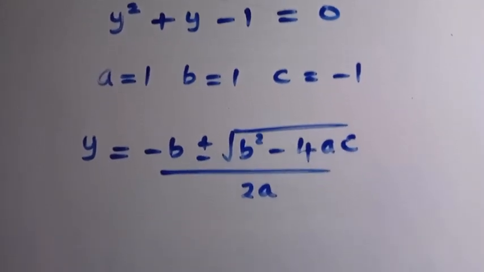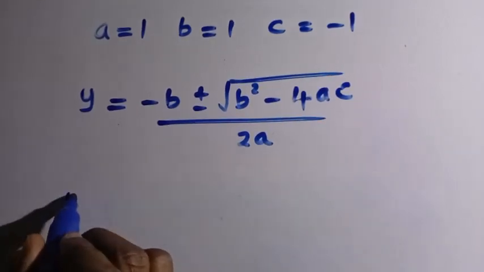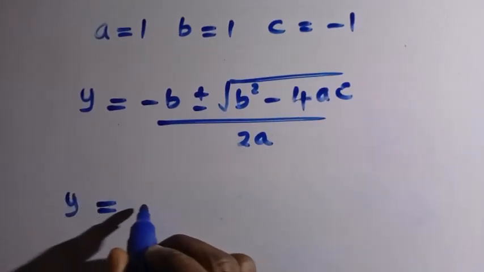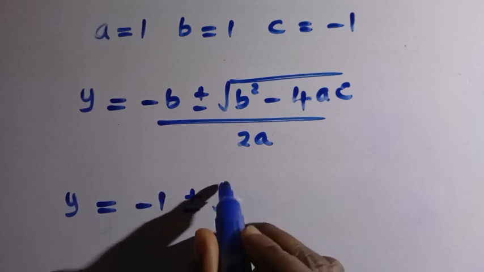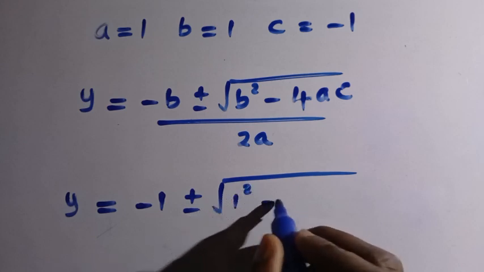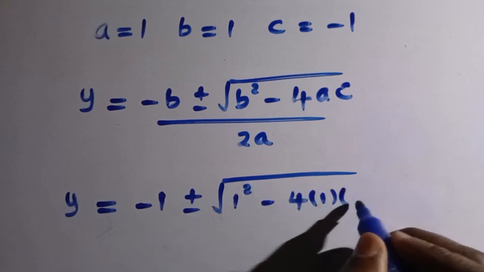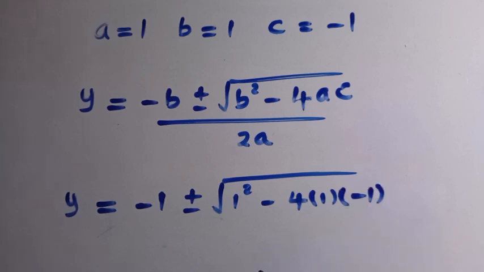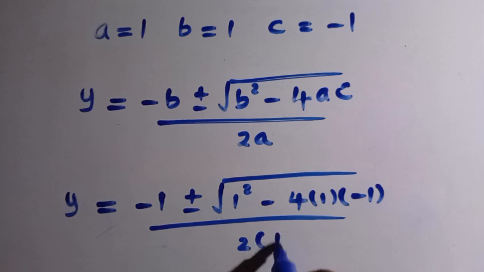So we substitute all these values here, and we have y equals minus 1 plus or minus the square root of 1 squared minus 4 multiplied by 1 multiplied by minus 1, which is the value of c, divided by 2 multiplied by 1.